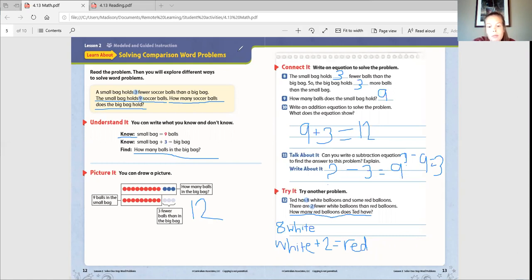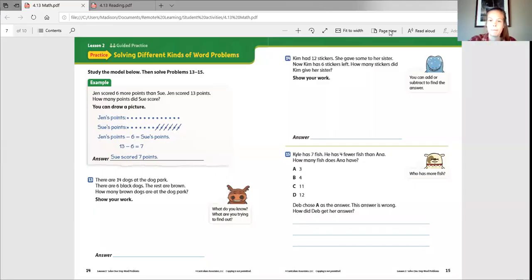We have white plus 2 equals red, and I know my amount that is white, so it's going to be 8 plus 2 equals blank, which is 10. That's one of our 10 facts, so we should know really easily. And we know that he has 10 red balloons.